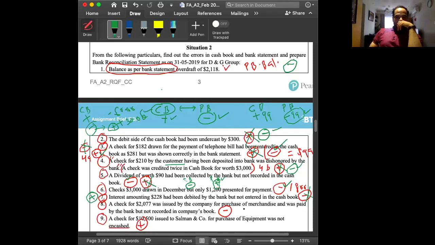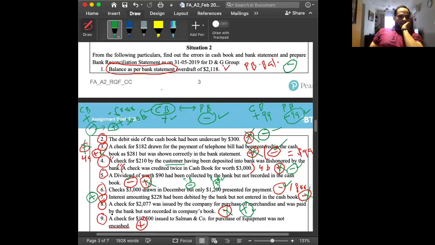The right answer is plus, not minus. Because it's a payment, the bank minus, so as per the cash book I also have to minus. The opposite of the cash book is the passbook, which is plus.